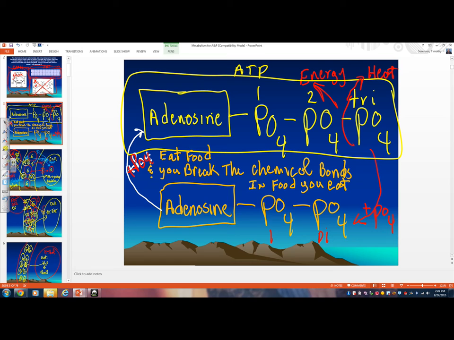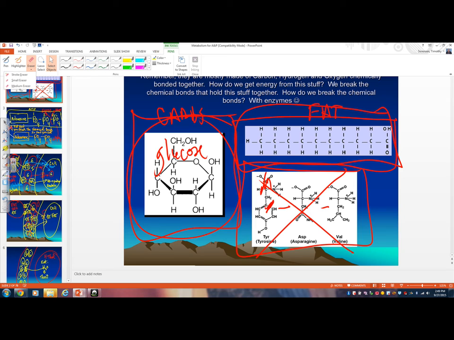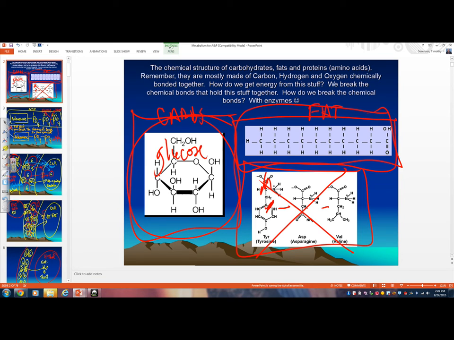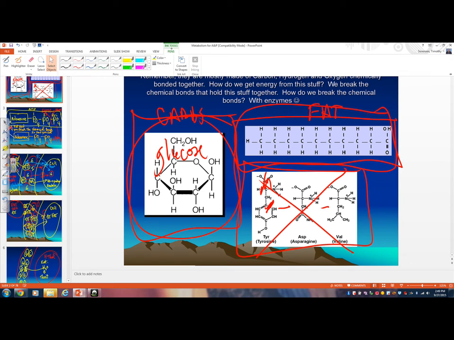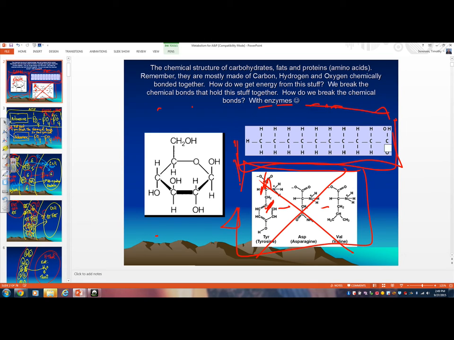And the answer is that you eat food. And again, the three fuels that you use to break down inside your body are glucose here, fat here, and amino acids.